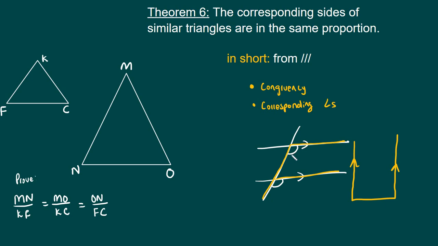Or you can say this angle and that angle there, which makes sense. If this angle and that are equal, that is why this and that should also be equal. You know, it kind of makes sense. So that is what we have there for corresponding angles. It's just something you need to remember. Trust me, guys, if you can remember those things, corresponding angles and congruence, you are done with this theorem.